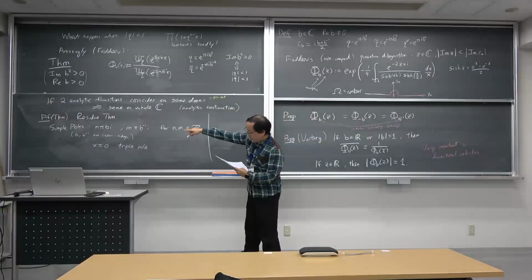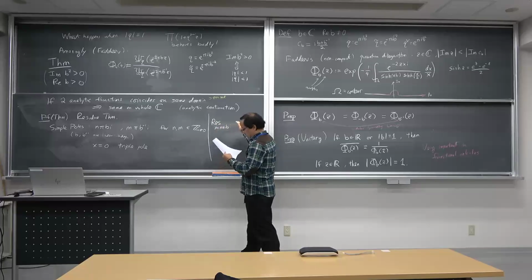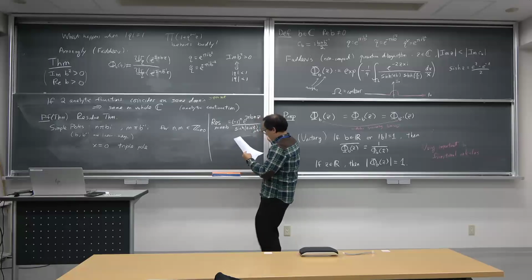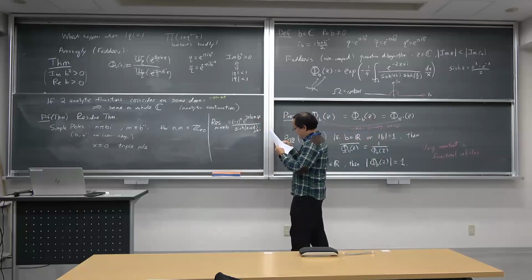So we have poles, then we can calculate the residue. The residue at this point is -1, and for the b inverse, you have the b inverse version.